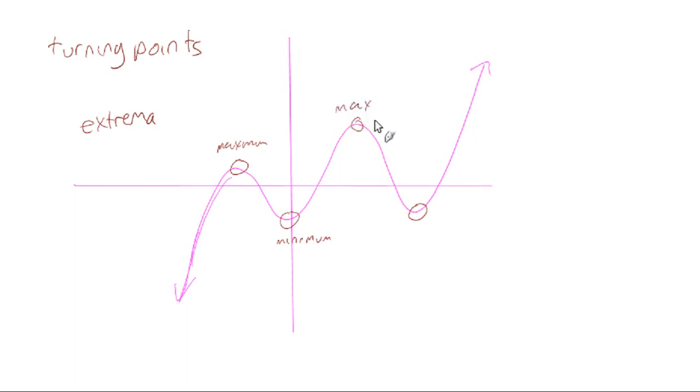And again, we're back to a maximum and a minimum. If you're at a maximum or a minimum, both of those are examples of extrema. This is the most extreme high and the extreme low in their little localized area. So turning points and extrema are the same thing.